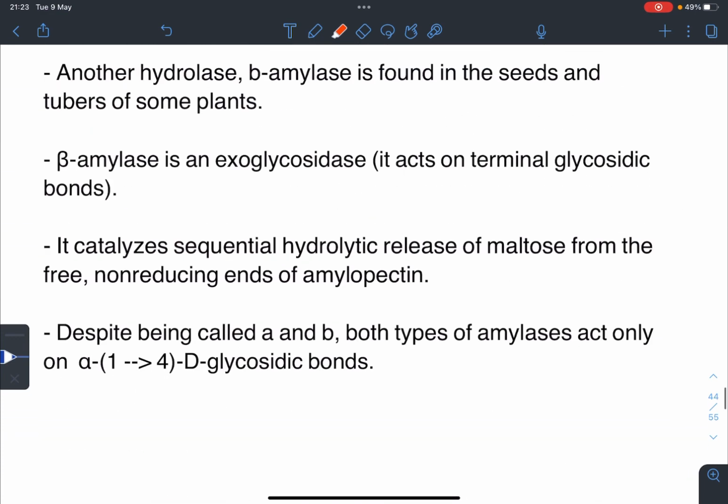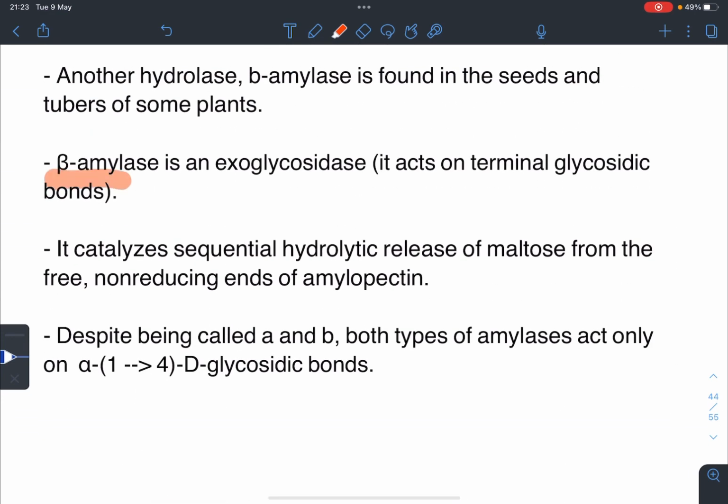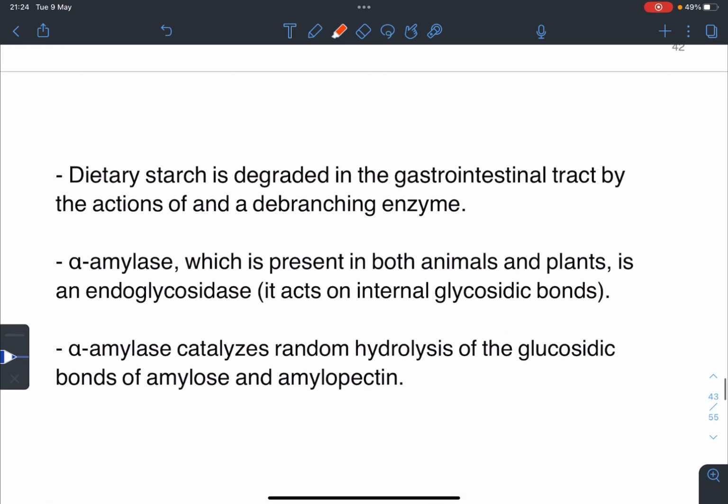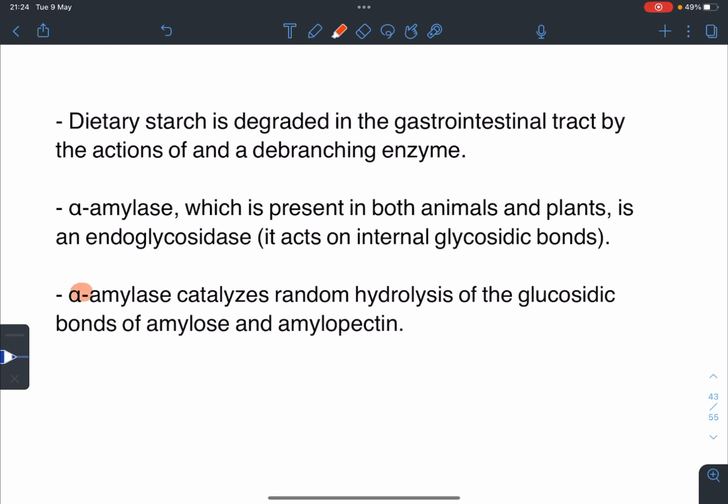Right. Beta amylase is an exoglycosidase. It acts on terminal glycosidic bonds. What it does is break terminal glycosidic bonds down. Then alpha, where is alpha? Alpha amylase catalyzes random hydrolysis of the glycosidic bonds.